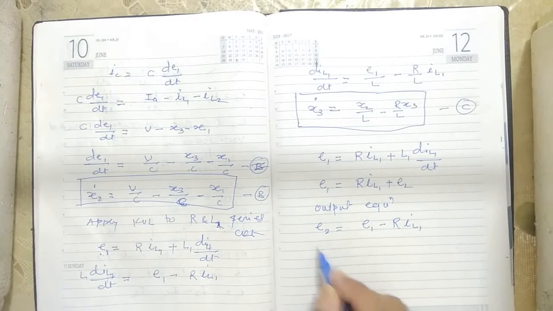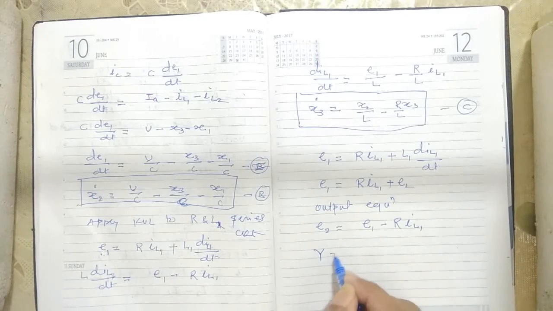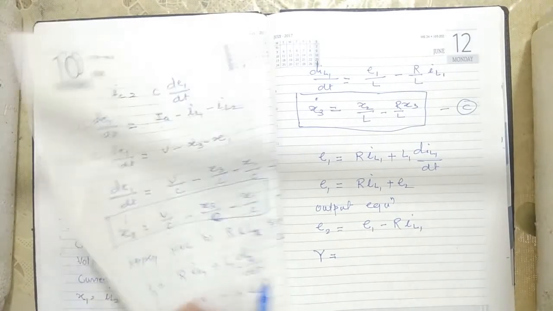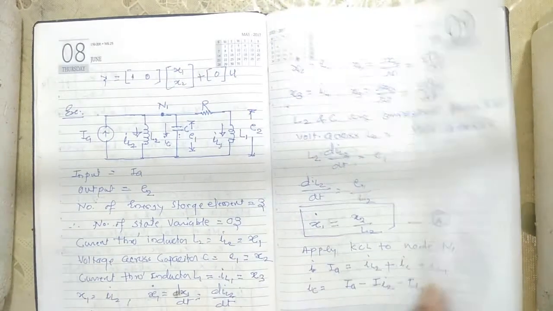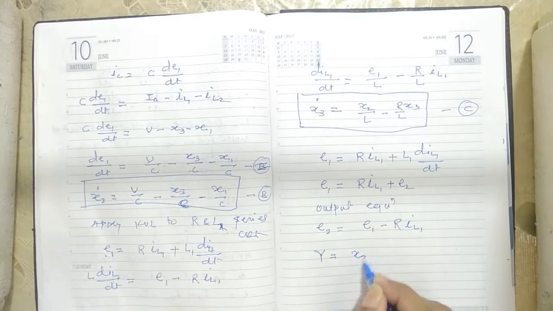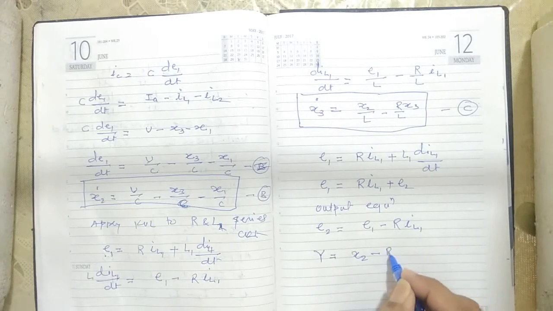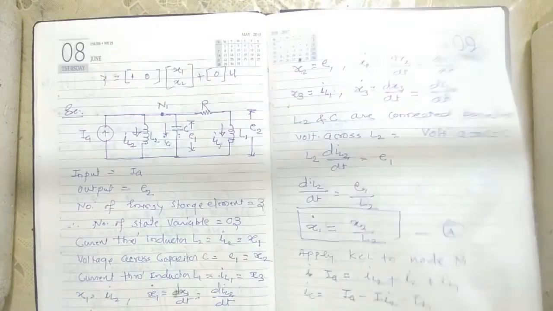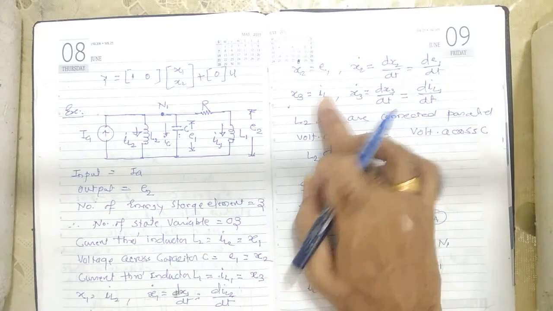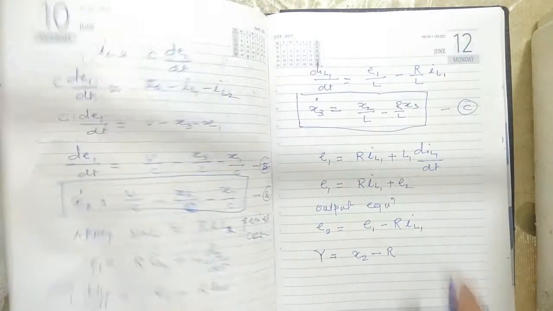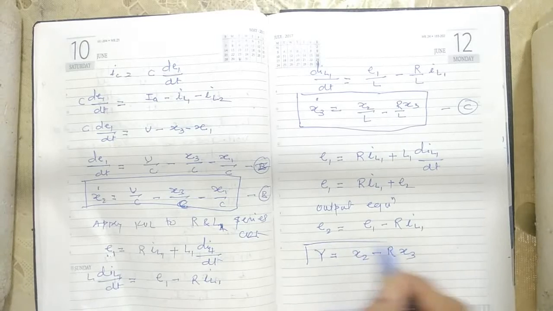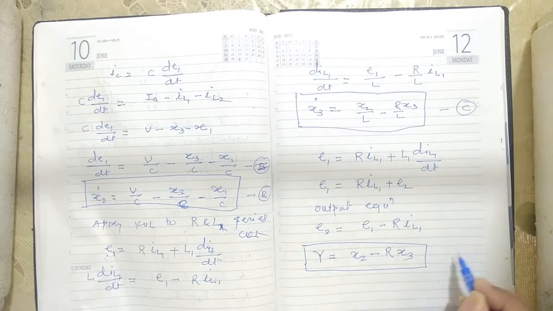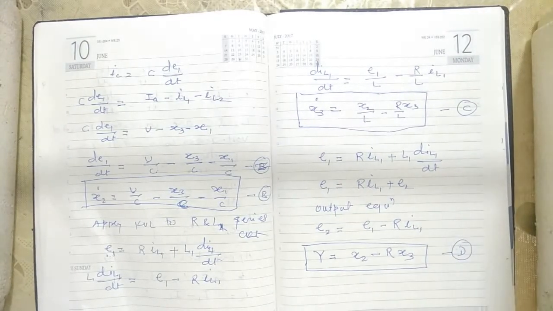E2 is my output, which is denoted by Y. E1 is nothing but x2, so we replace it by x2 minus R, and IL1 is nothing but x3, so we replace IL1 by x3. So this is my fourth equation for the output, equation number D.